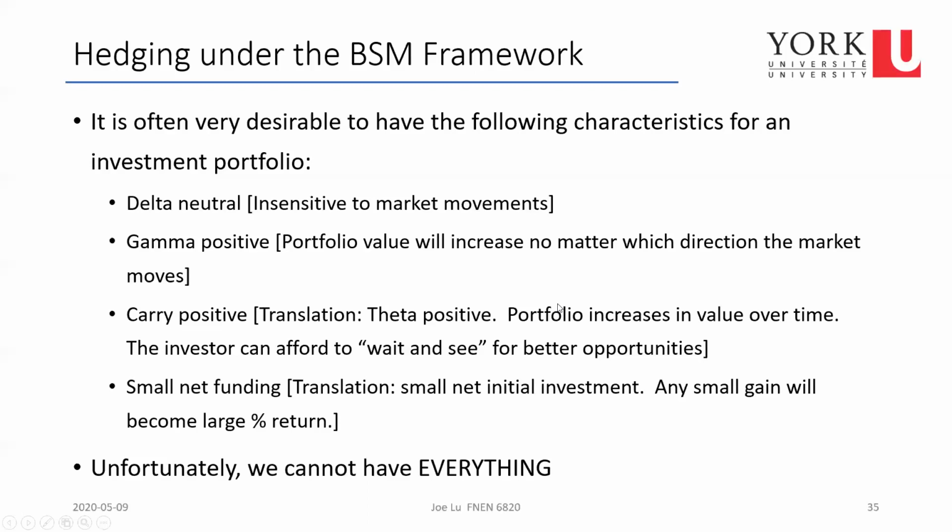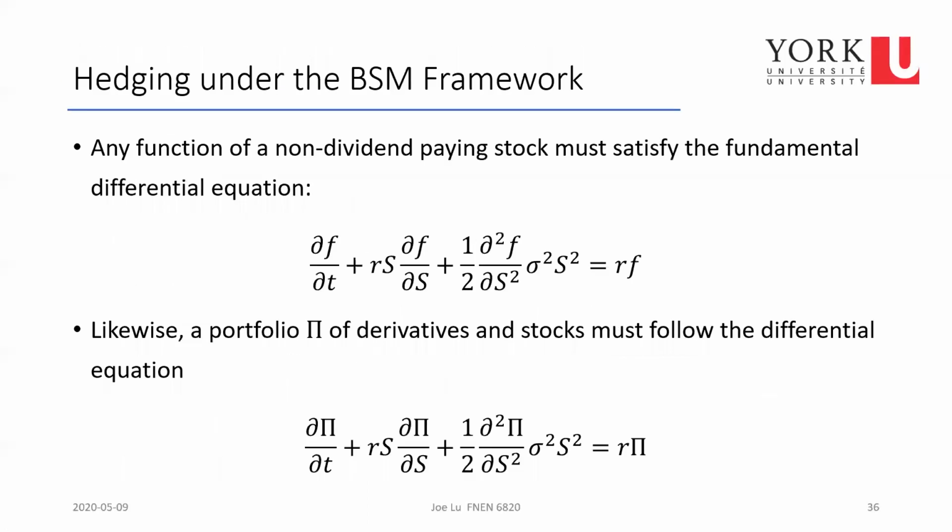Let's take a look at why this is the case under the Black-Scholes Merton framework. So take the simple case where the underlying stock is not paying dividends. Then we have, again, the fundamental partial differential equation here.